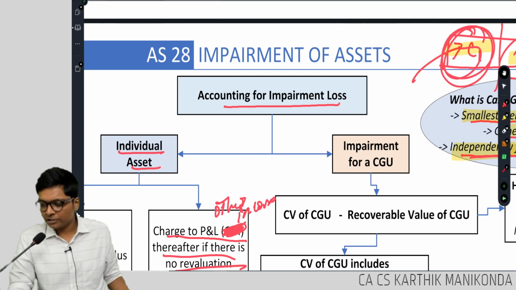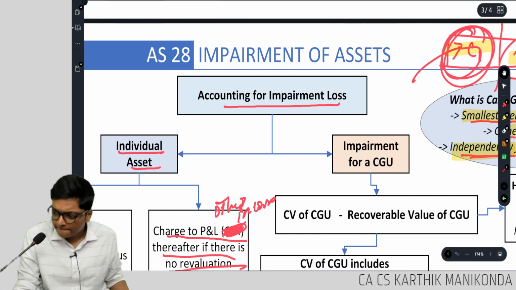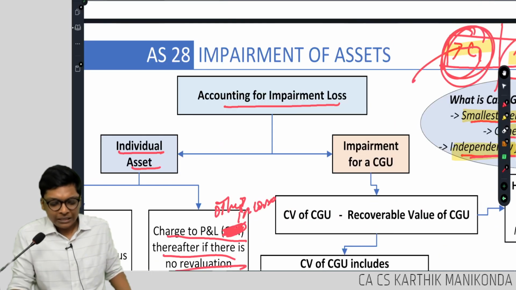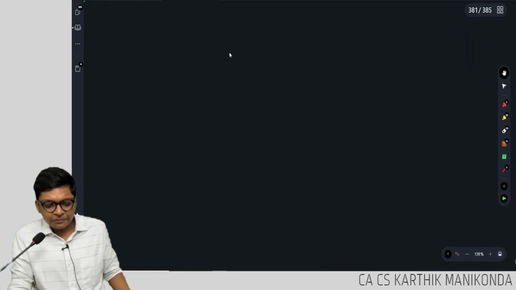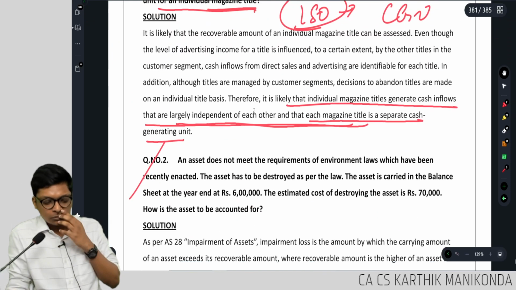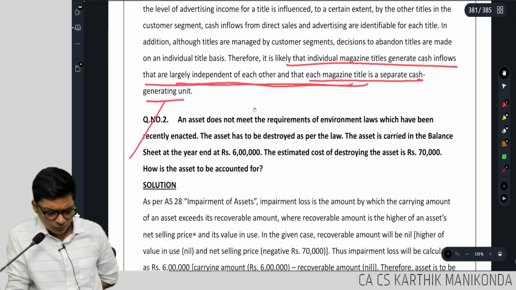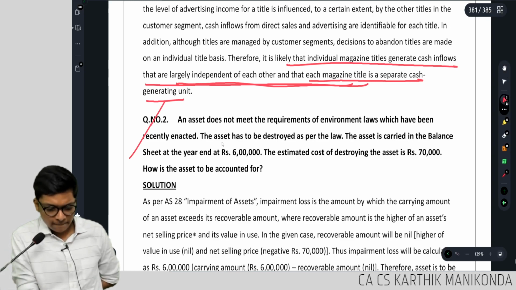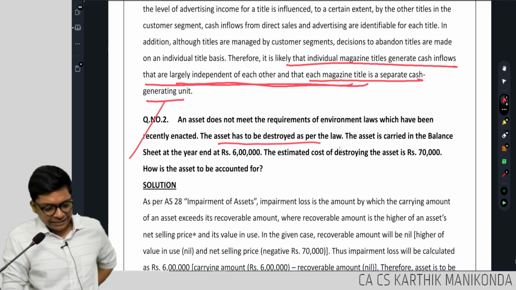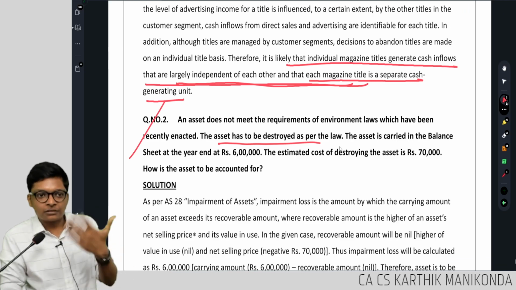Got the doubt clear, Vignesh? Correct. Because each asset, each magazine title, can generate cash by itself, it is not a CGU. Okay. Correct, that I will tell you next. We have to do that next.